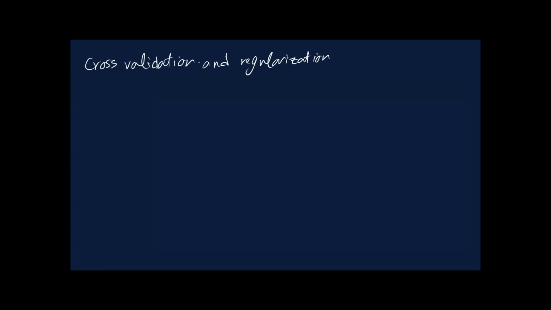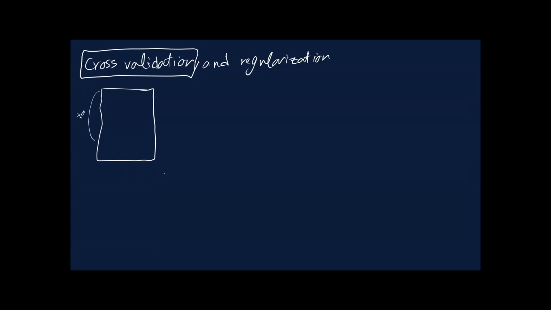Okay, so we had cross validation when we said that if we have a training set, we might decide to take a part of that to be training, and another part to be validation. And we have a completely separate data set for testing our classifier.